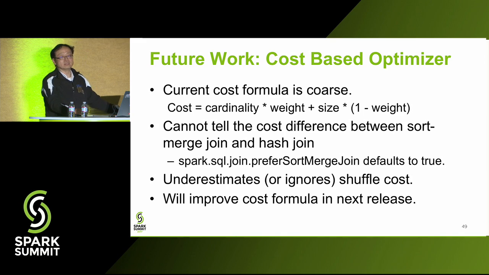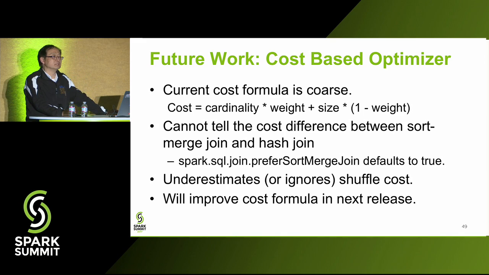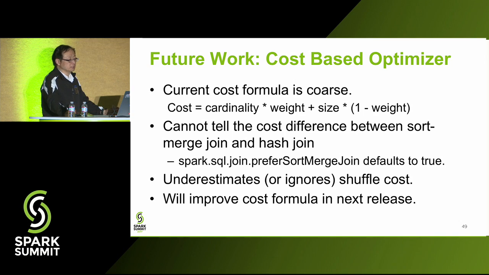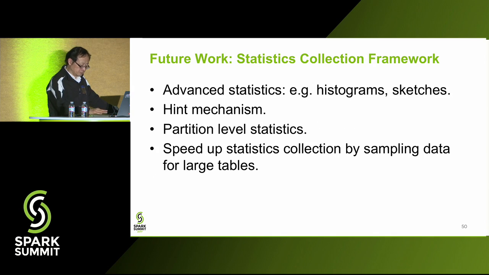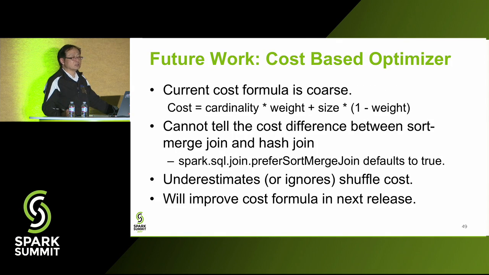This cost formula is very coarse, very primitive, very basic. With it, we cannot tell the cost difference between sort merge join and hash join, and we also ignore the shuffle cost. We do plan to improve the cost formula in the next release.